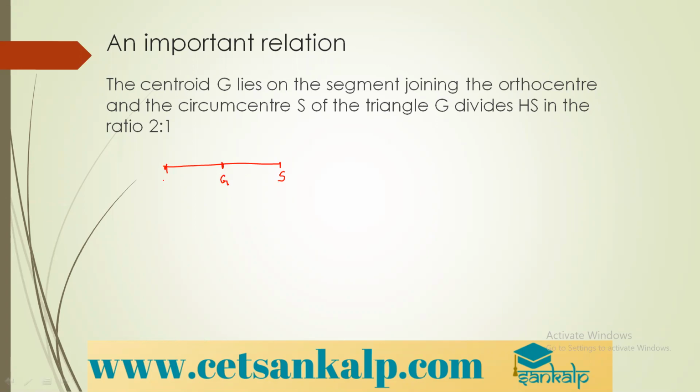Orthocenter you can denote by O or H or whatever it is. We can say that the centroid divides the line joining the orthocenter and circumcenter in the ratio 2:1.